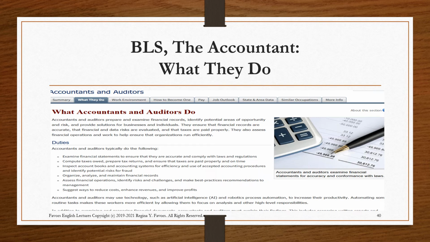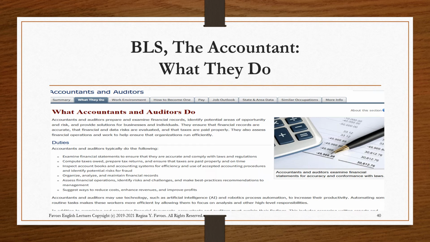If your numbers are not right, it's going to affect the taxes you have to pay through the organization. If your numbers are not right, it's going to affect the individuals you have to pay, the businesses and the individuals, and your financial records are not going to be appropriate or accurate or efficient.